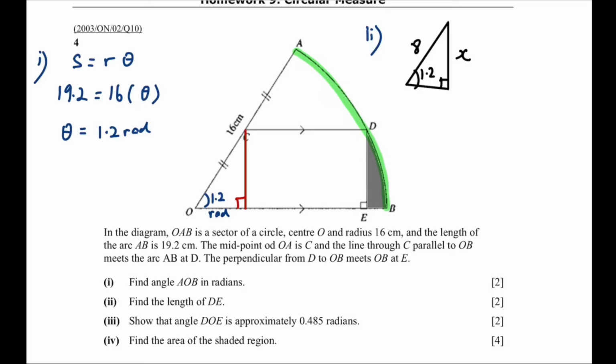Okay, more than enough already. This is your O, this is your H, this is your A. So SOH CAH TOA. So sine 1.2 radian should be the same as X over 8. So X will be 8 times sine 1.2 radian. Make sure your angle input is in radian.